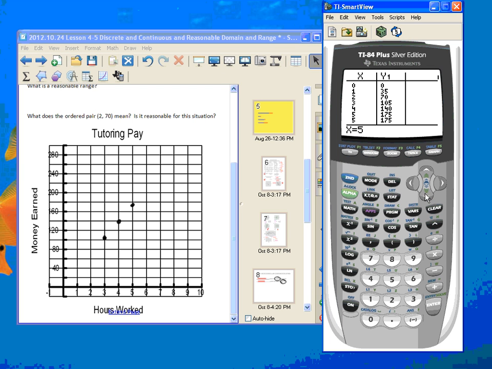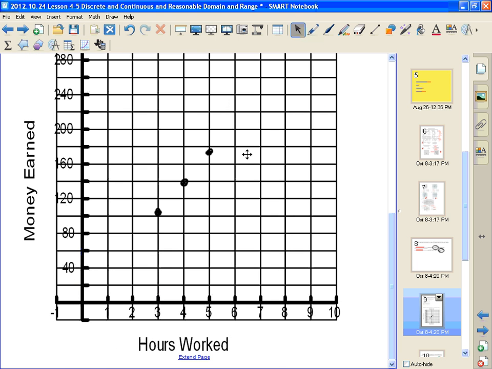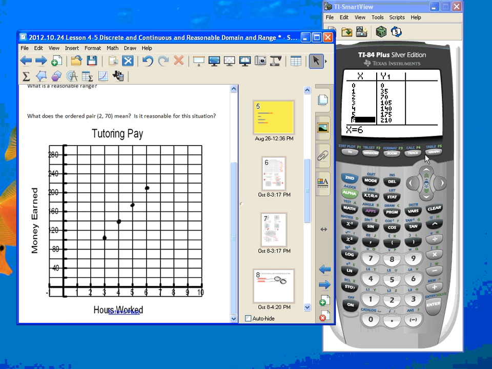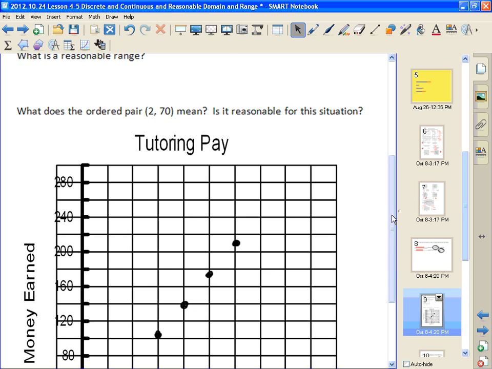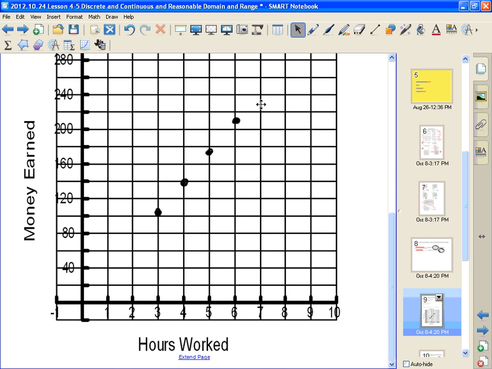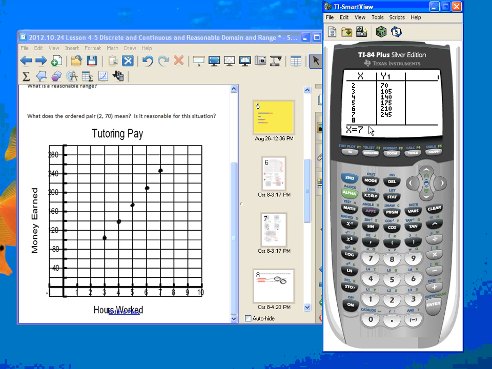And then 6 would be at 210. So 6, 210. And then the next one I have is 7, 245. So 7, 245. And then the last one I know is 8, 280.